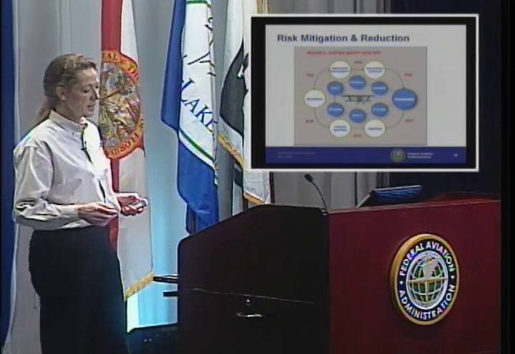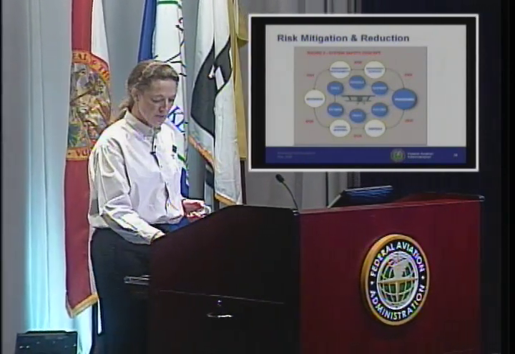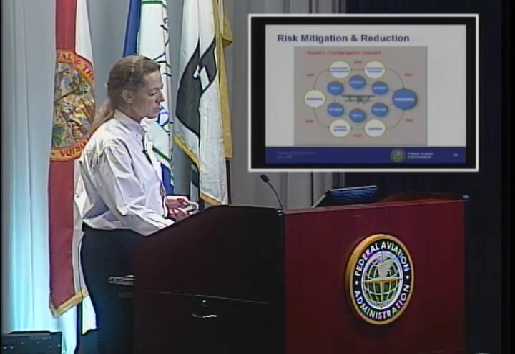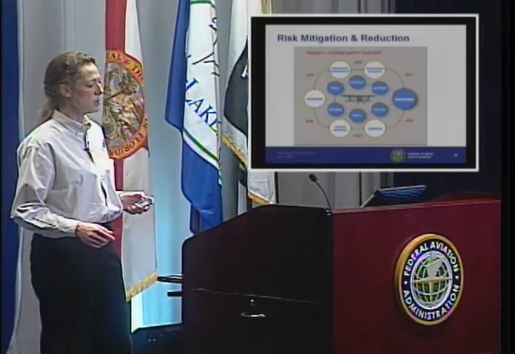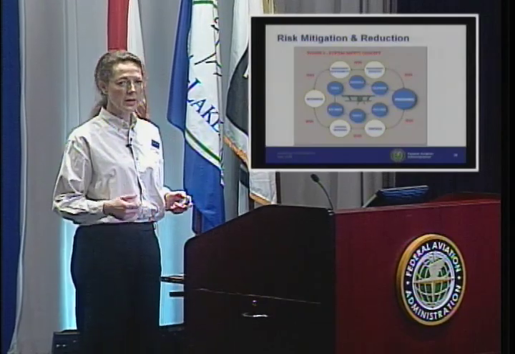Risk mitigation and reduction. This is actually a fairly complex slide, because what we've done is closed all those loops. We've said we've recognized risk. We know that the FAA continues to provide regulatory oversight.